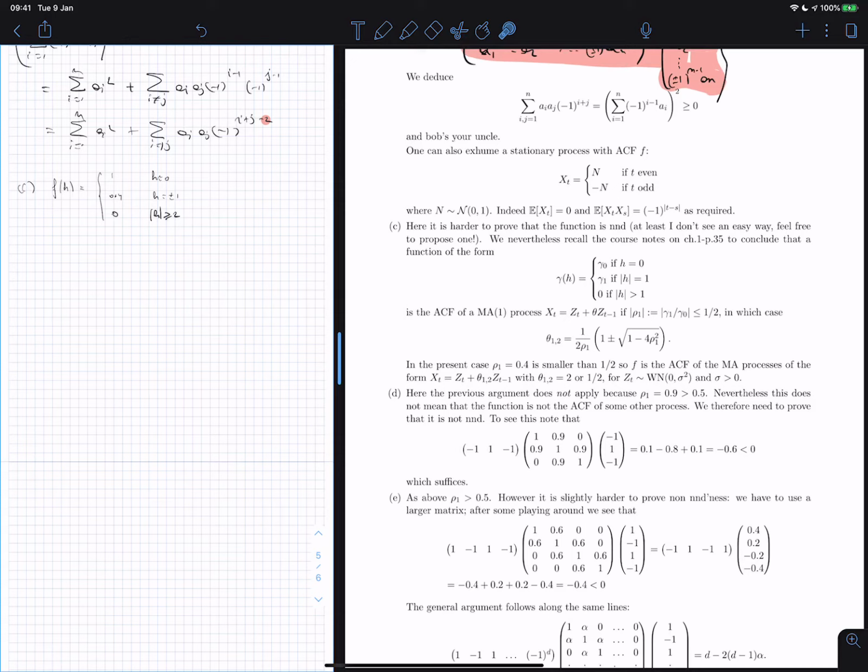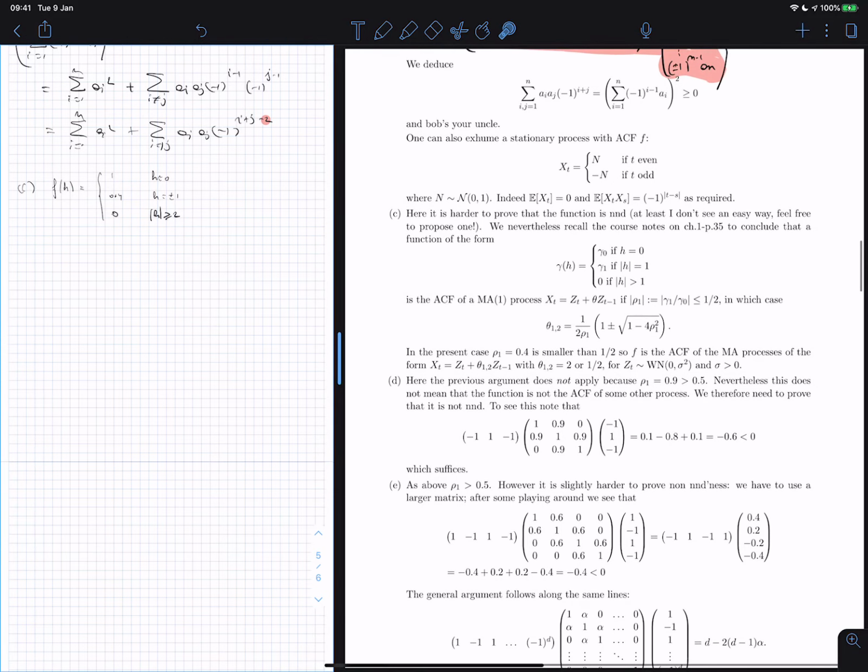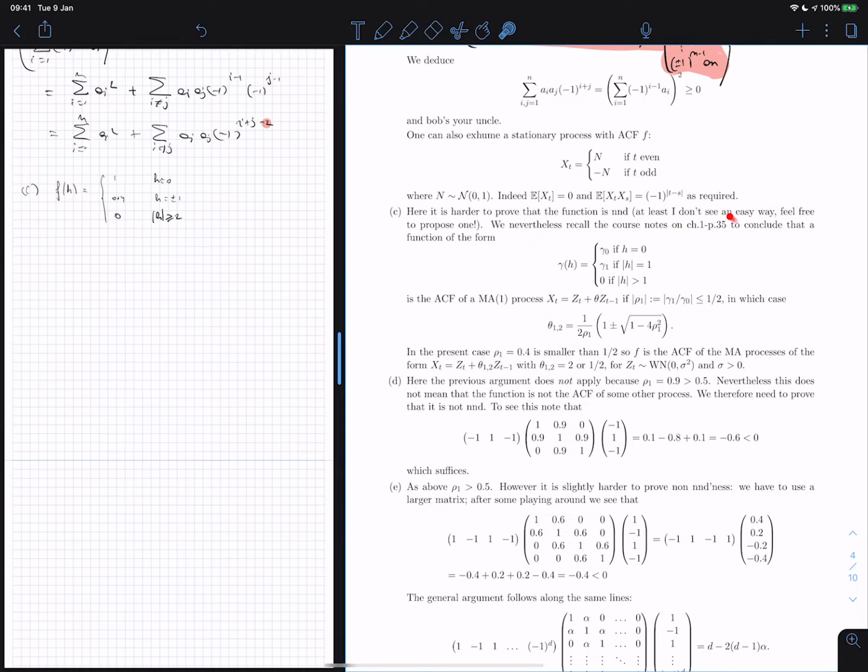So then I was left with trying to find a process which has this kind of function as covariance. And luckily for me, I had pre-prepared the work in the course notes, because on page 35 of chapter 1, I hope it's the correct page. Yes, it's the correct page.